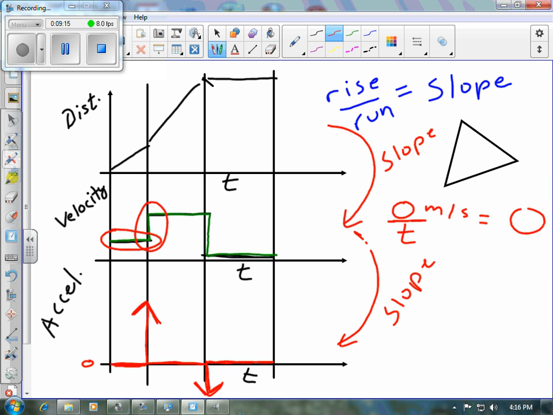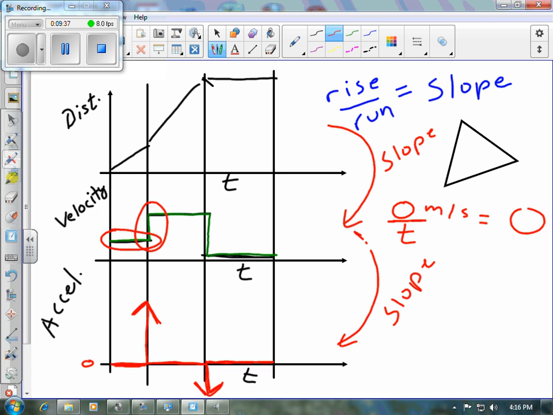So obviously your velocity can't change in discrete or instantaneous steps. So there's something fictitious about the graphs that I have drawn. But the thing to remember is to get from distance to velocity, you take the slope of the graph.